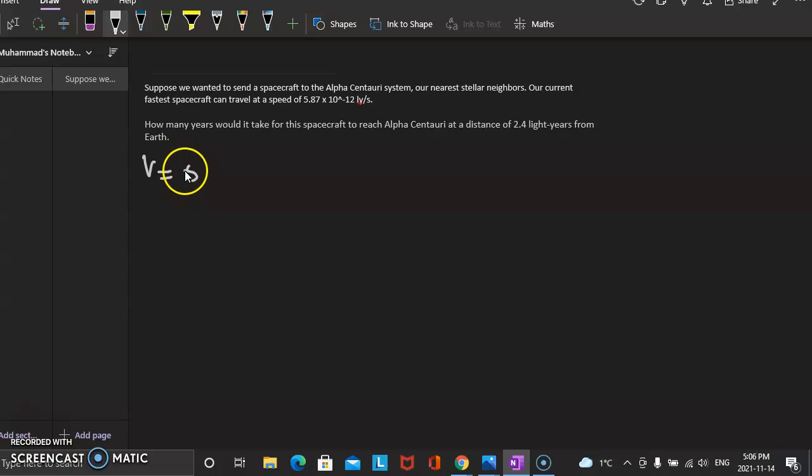Okay, so what we're given here is velocity, which is v. Velocity is 5.87 times 10 to the negative 12 light years per second, and we're given distance, which is 2.4 light years.